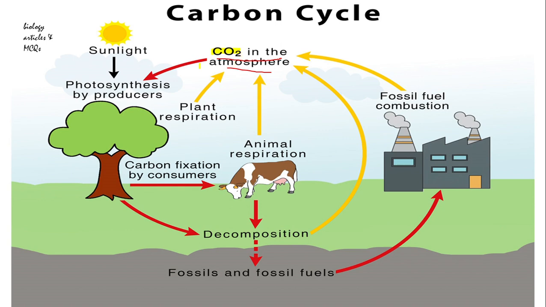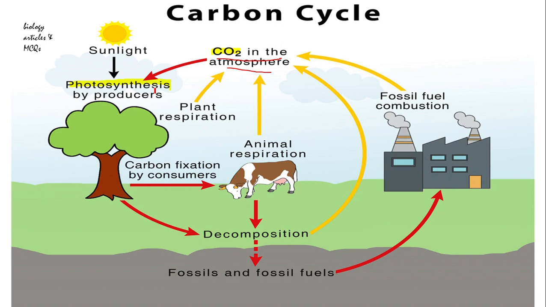So first of all, there is carbon dioxide, and when the plants carry out a process that is called photosynthesis, you know that in the photosynthetic process, the carbon dioxide mixes with the water in the presence of sunlight and it will change into glucose and oxygen.